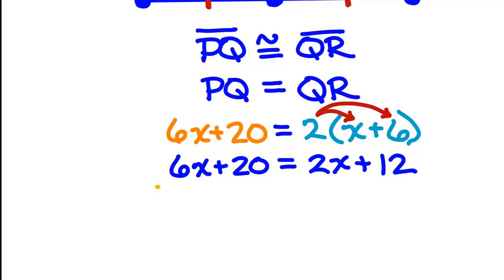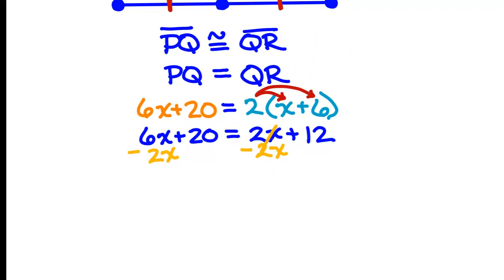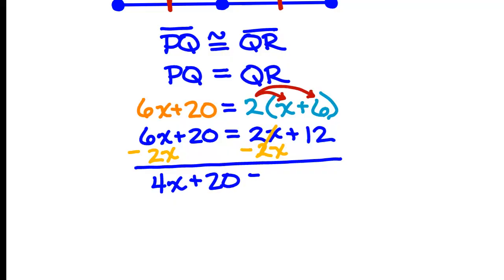We're going to get our x's on the same side. So I'm going to minus 2x from both sides. So I have 4x plus 20 equals 12. Then I'm going to minus 20 from both sides.